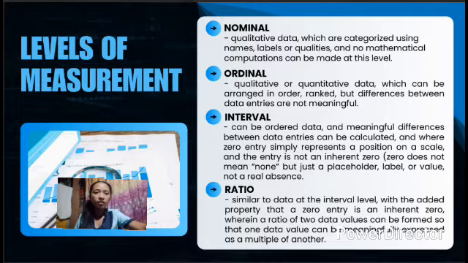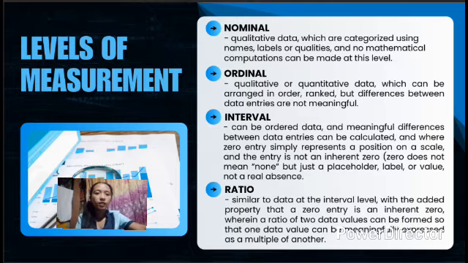Next is the interval level. It can be ordered data, and meaningful differences between data entries can be calculated, where zero entries simply represent positions on a scale, and the entry is not an inherent zero. So zero does not mean none, but is just a placeholder, label, or value, not a real absence.